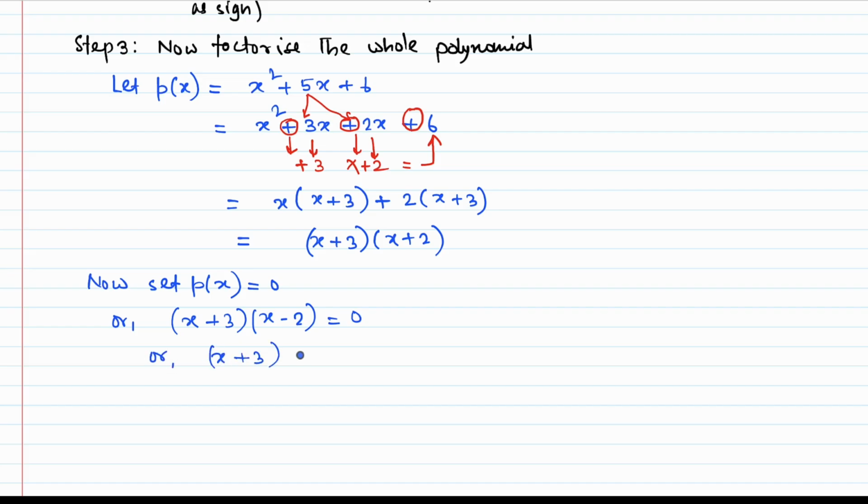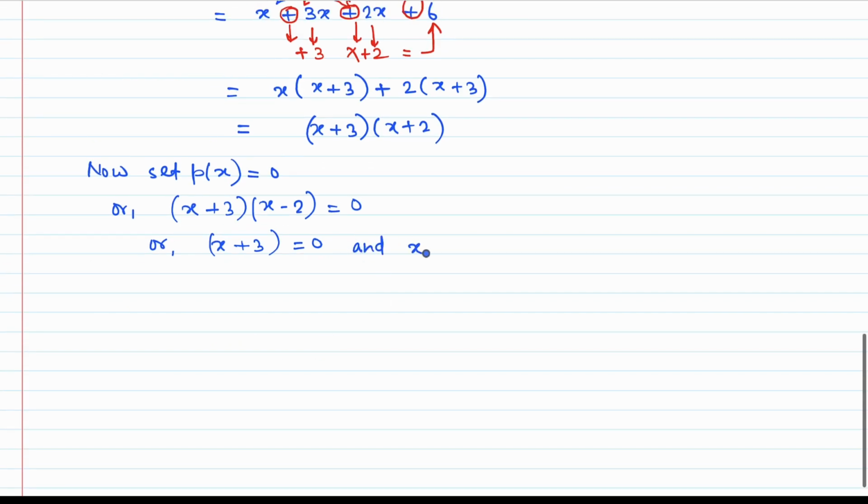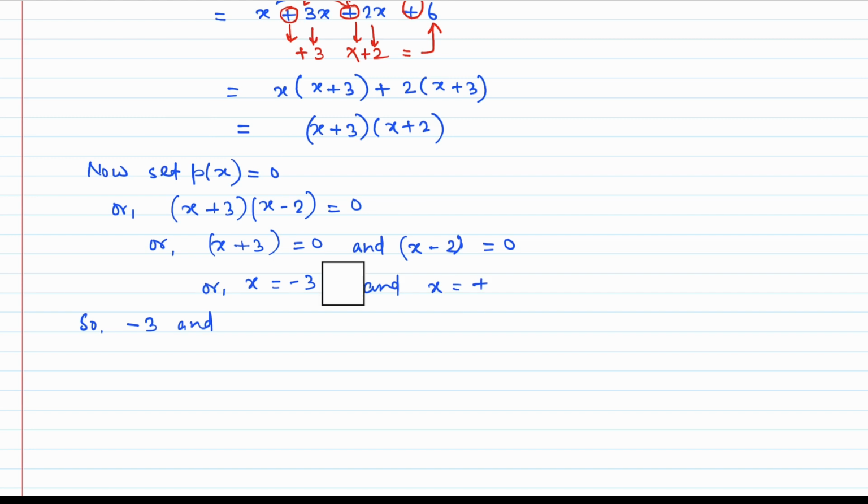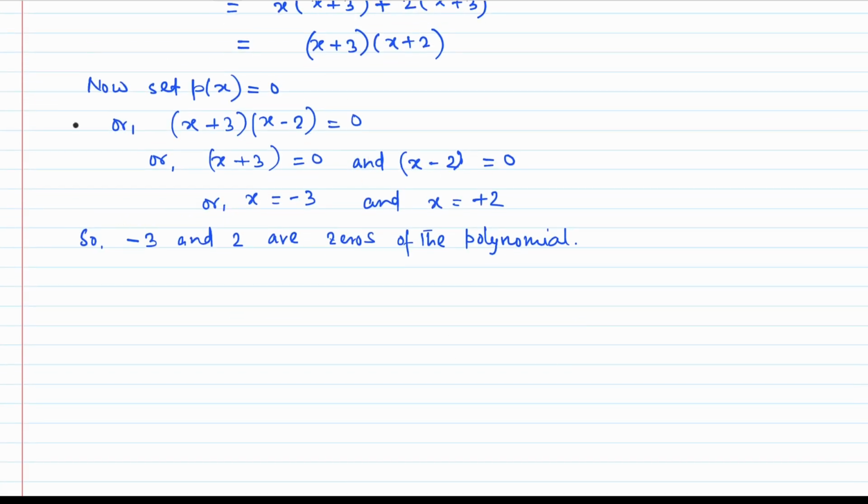Now set p(x) equal to 0, or (x plus 3) into (x minus 2) equal to 0, so x plus 3 is equal to 0 or x minus 2 equal to 0. Sorry, my mistake, x minus 2. And what we are getting is that x equal to minus 3 and x equal to plus 2 are the zeros of the polynomial.